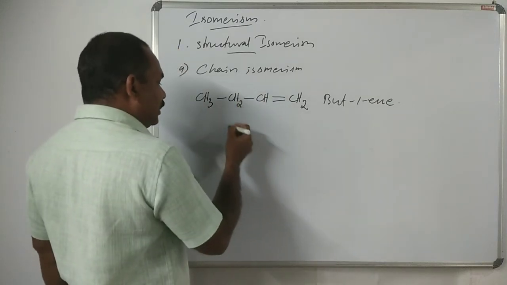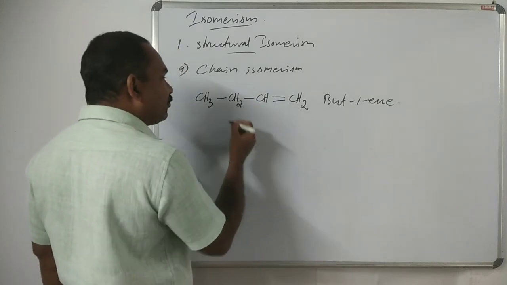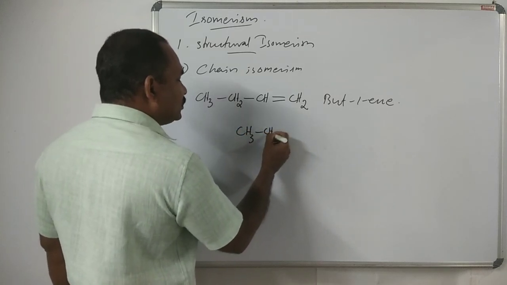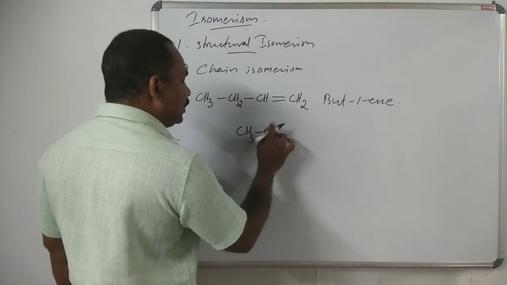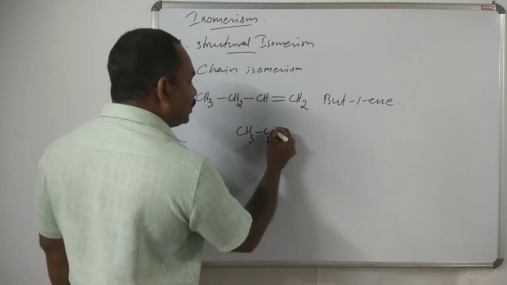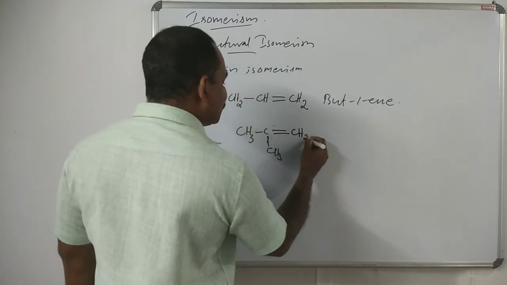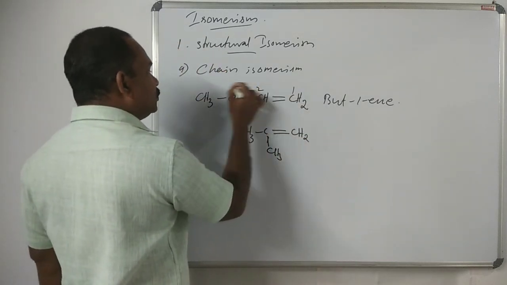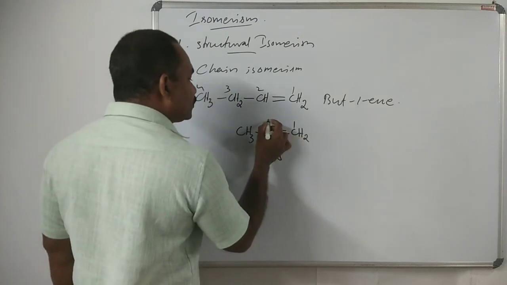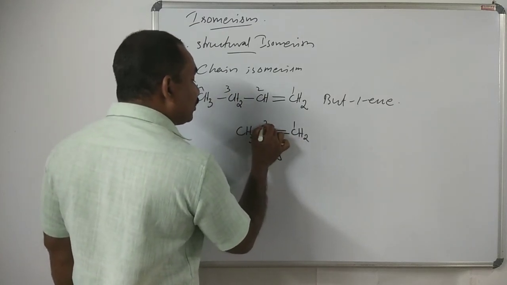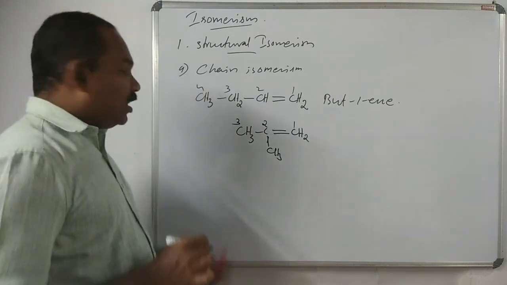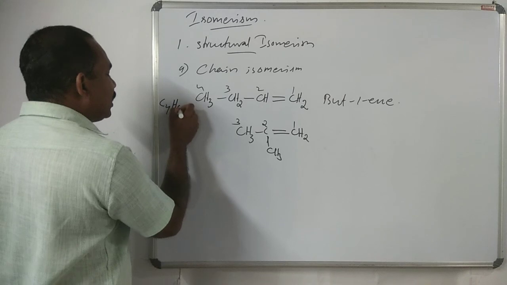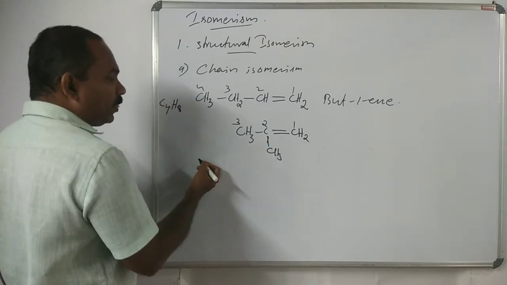And the structural isomer of but-1-ene is CH3, CH3 double bond CH2. The 4 carbon atom chain, 1, 2, 3, 4, changes into a 3 carbon atom chain. And the formula is the same, C4H8.